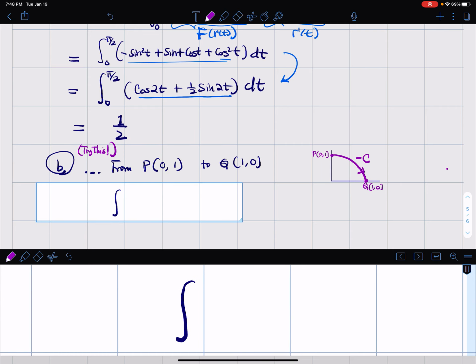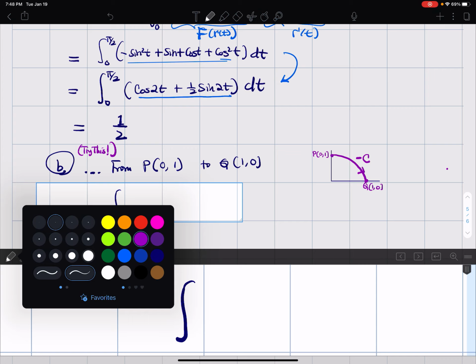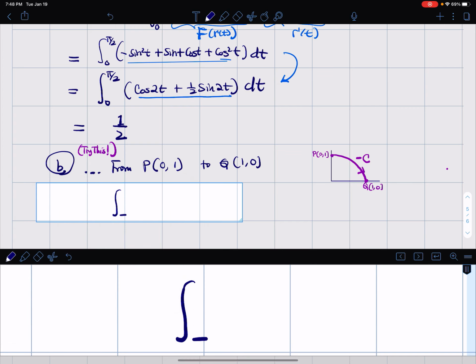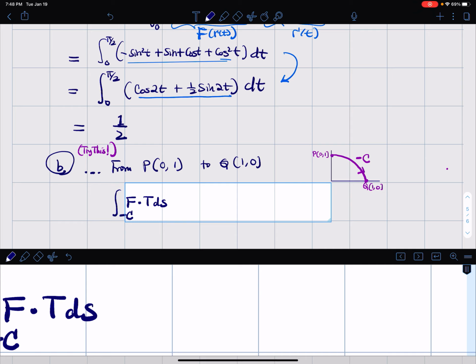All right. So I'm going to tell you that this integral, instead of over C, is now over negative C of f dot t ds. After doing the computation, you're going to get negative 1/2, just the opposite of what you got.